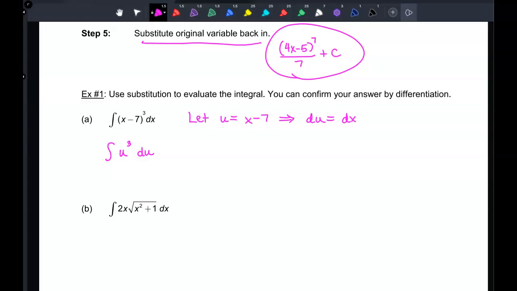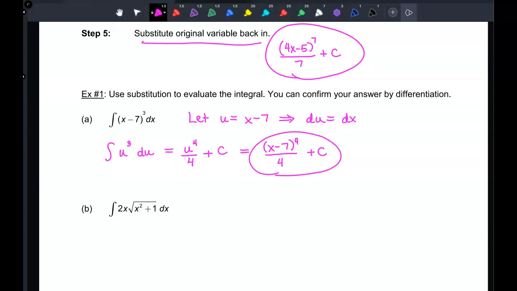I promise. Okay, this will be u to the 4th over 4 plus c. What do we want to do? We want to plug back in the original. So that's (x minus 7) to the 4th over 4 plus c.